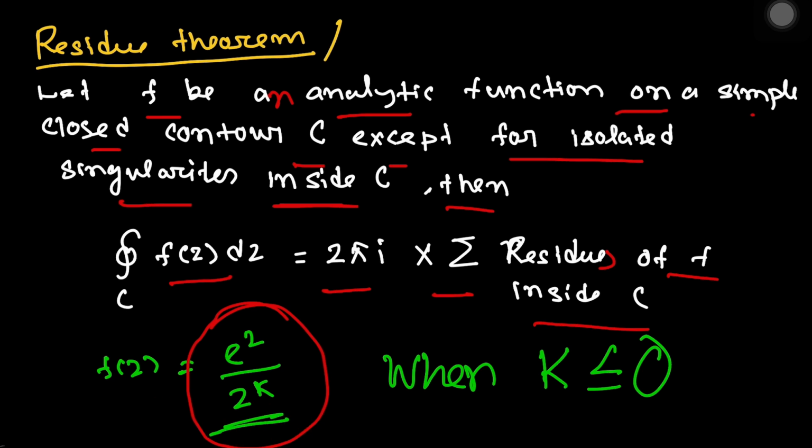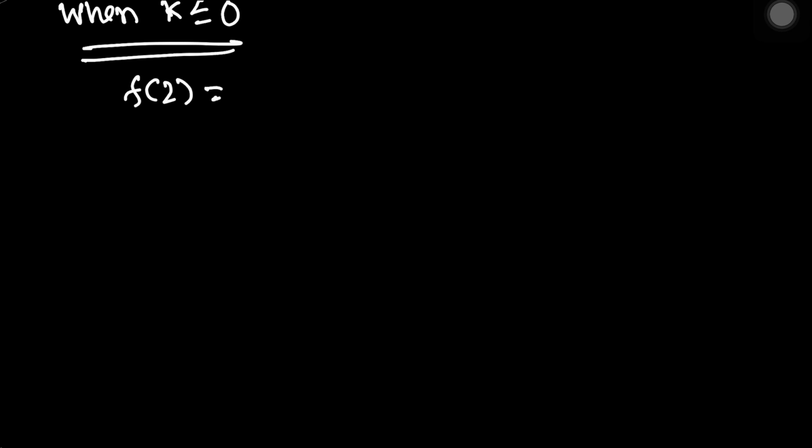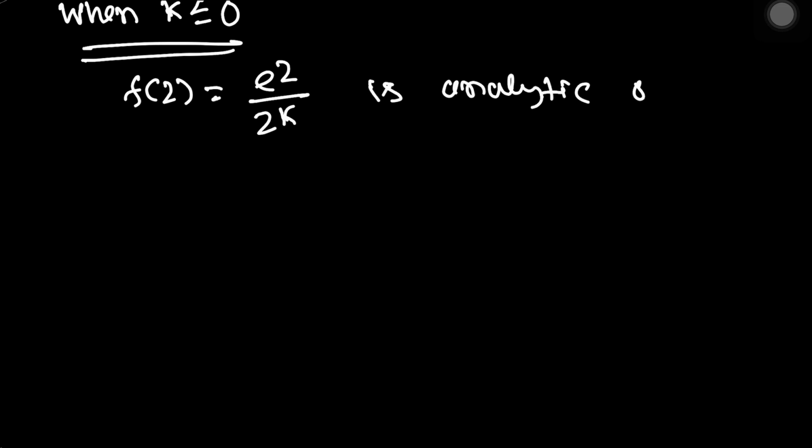Therefore the function f(z) is analytic when k is less than or equal to 0, on and inside the given contour |z| = 1.